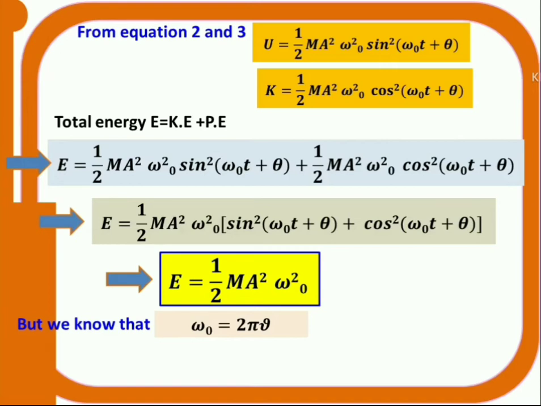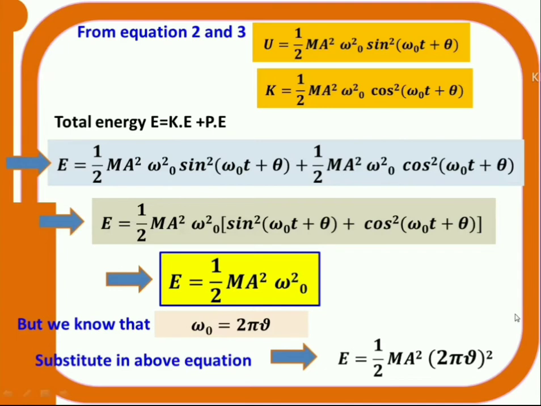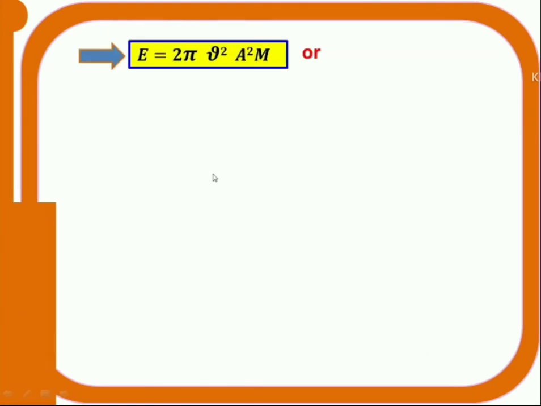Substitute the omega naught value in the above equation. Then what will I get? E is equal to half m a square into (2 pi nu) whole square. That implies half m a square, 2 square means 4 pi square nu square. 4 by 2 means 2 will get cancelled and 2 will remain.